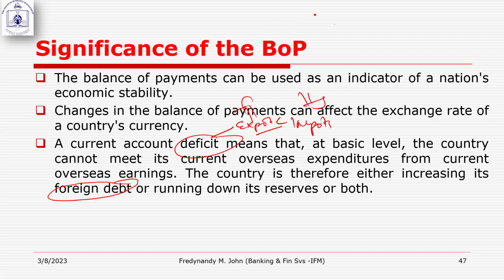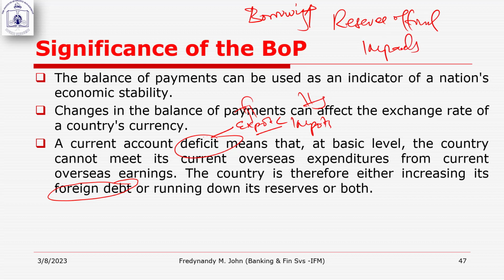That means the country's external debt will increase due to foreign borrowing. You borrow money from other countries, or you may decide to use your foreign reserve or official reserve. Okay, you use official reserve to finance what? To finance imports.